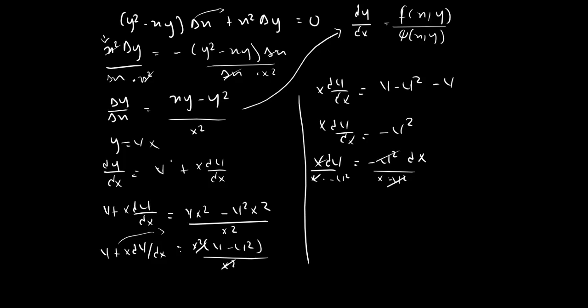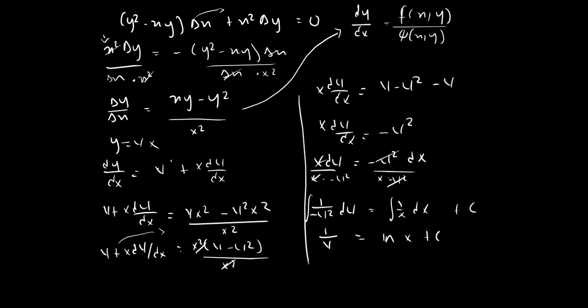So we have 1 over minus v squared dv is equal to 1 over x dx, and then we take the integral of both sides, adding plus c to the side that x is on. So now we integrate 1 over minus v squared, which is the same thing as minus v raised to the power of minus 2, and if we integrate that, we get 1 over v, equal to the natural log of x plus c.